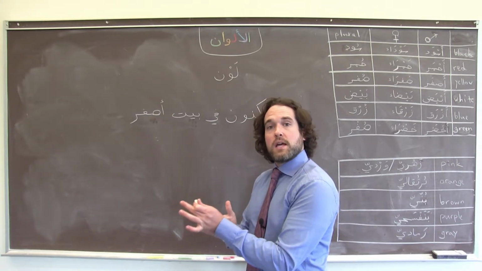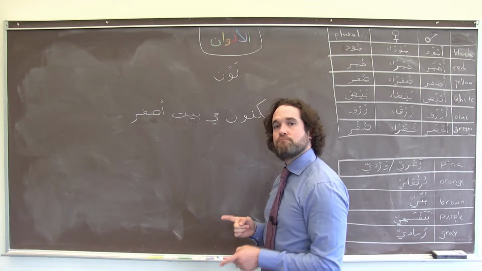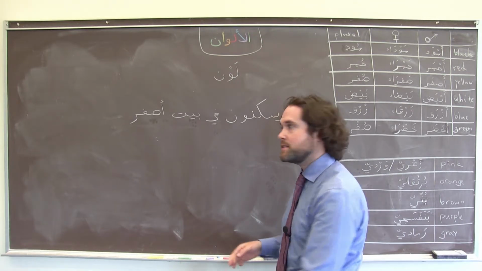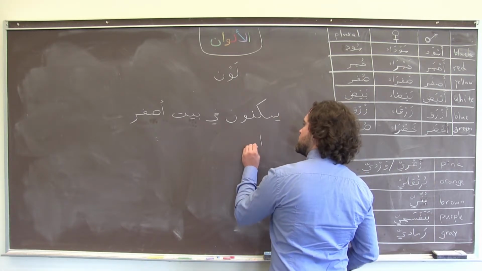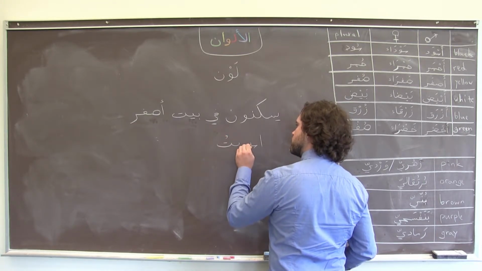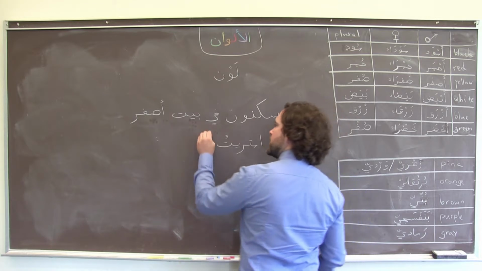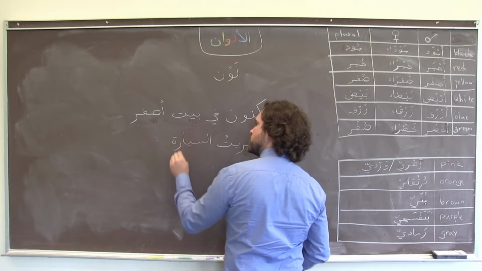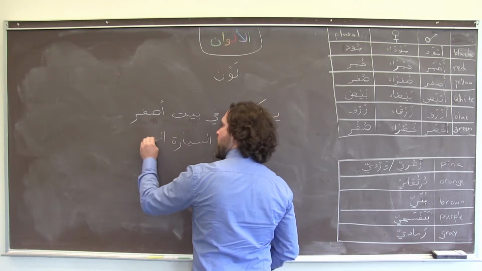If I wanted to say, I bought the red car, as opposed to all of the other colors that were available to me at the lot, I could say اشتريت السيارة الحمراء.